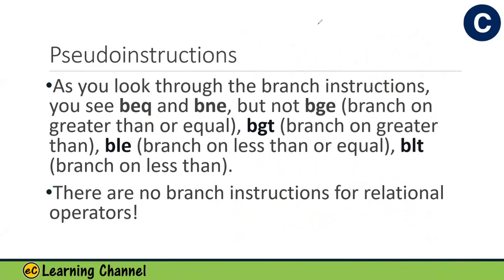So you have branch equal, branch not equal, branch greater equal, branch greater than, branch less equal, and branch less than. These are the different branch functions.